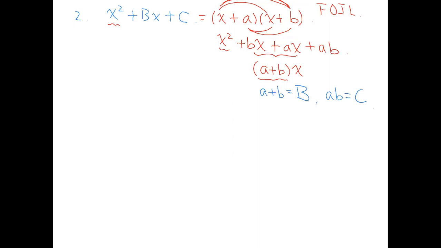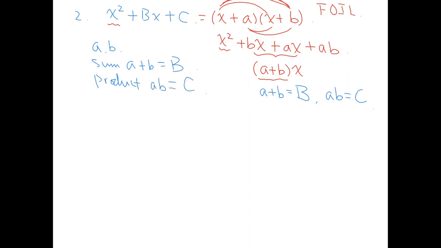So anyway, we want to find two numbers such that the sum is b and the product is c, right?